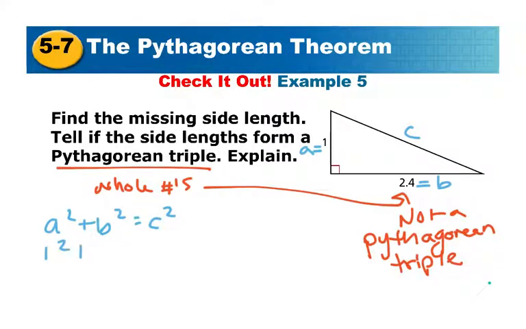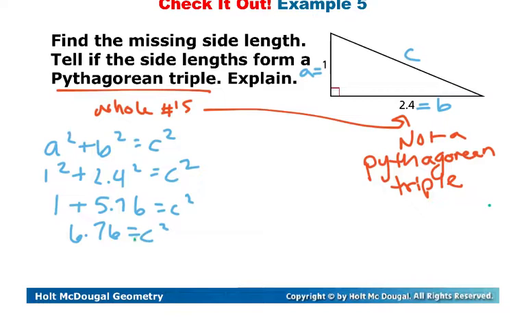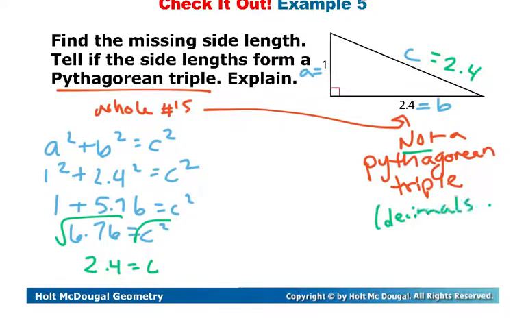So 1 squared, and 2.4 squared is 5.76. So 6.76 is going to equal our c squared. And so we'll take the square root of both sides and get 2.6. So again, even though this side is what we call a terminating decimal, something that ends, it's not a Pythagorean triple because of decimals. We can't have decimals, so gotta watch out for that.